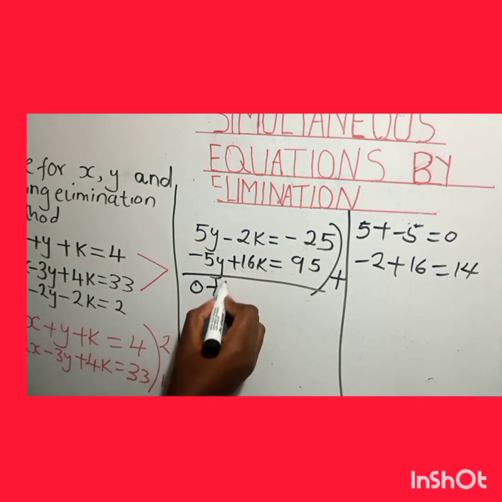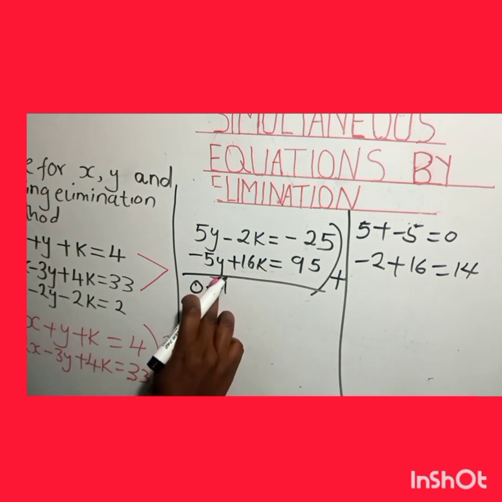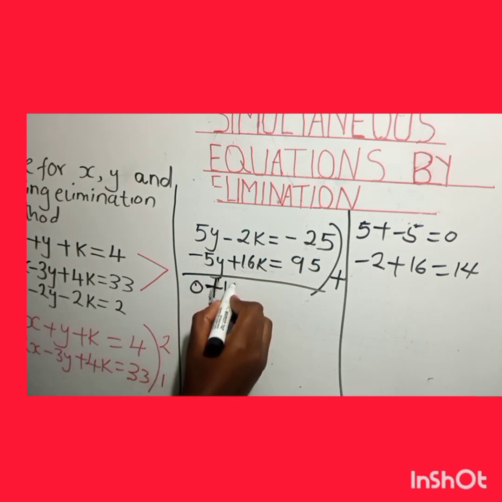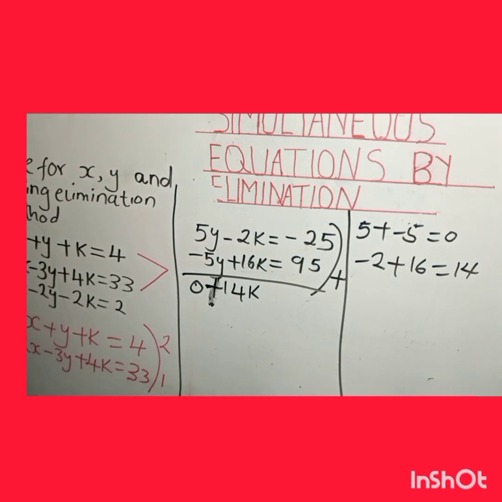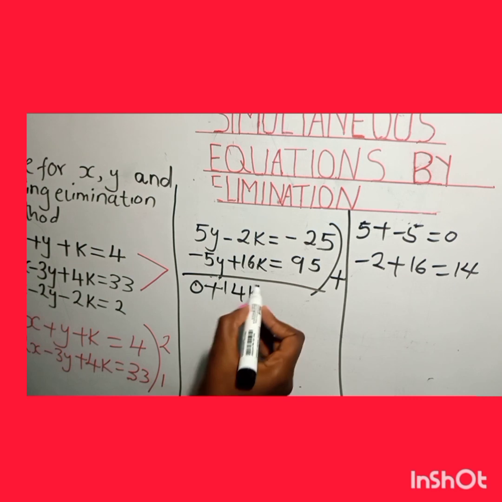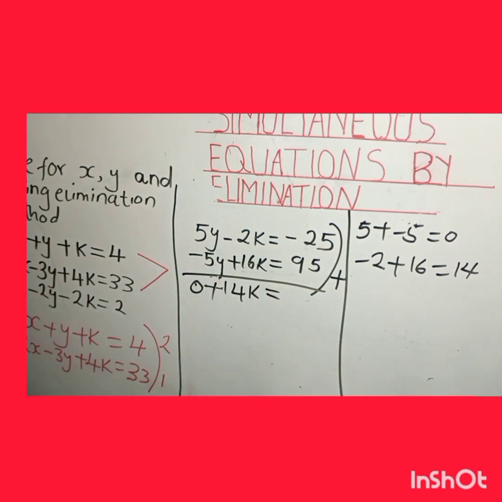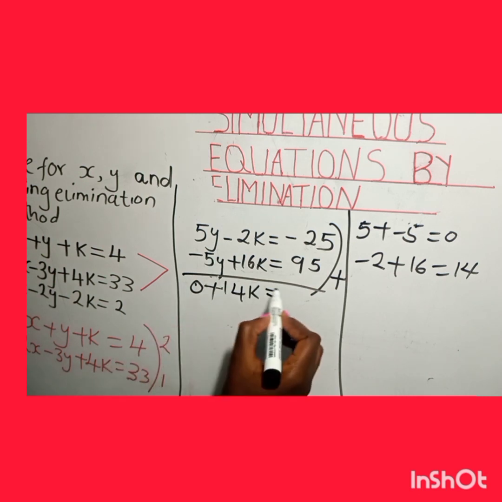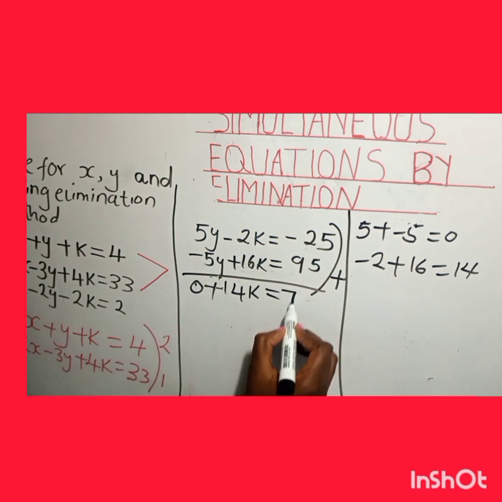So here I'll have plus 14k is equals to minus 25 plus 95 will give us 70, like that. And therefore, now we've remained with 14k is equals to 70.